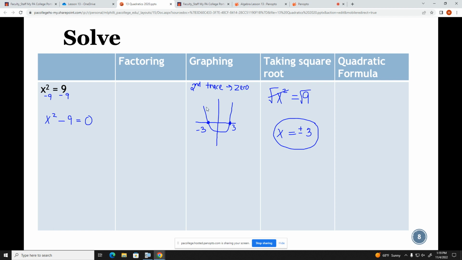For our next approach, we'll try factoring. In factoring, we wanted the equation equal to 0, which we have. We also want the equation to have all three parts. So we had our equations in standard form of ax squared plus bx plus c. This particular equation is missing the bx term, but we can fill in that bx term by writing 0x.